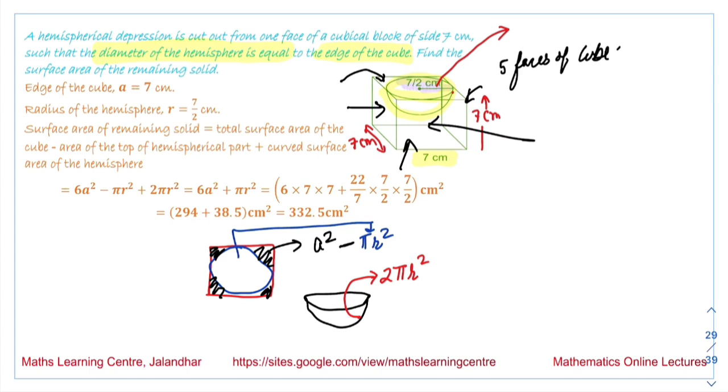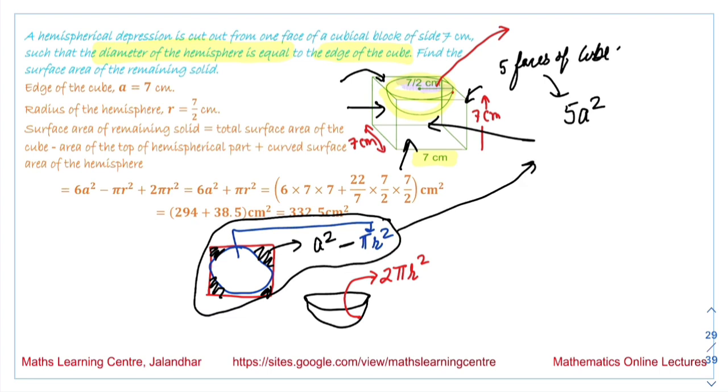5 faces we have, the area of these 5 faces is 5a square. The area of this top portion is a square minus pi r square. The radius is 7 by 2 centimeter, and the area of this third portion is 2 pi r square.